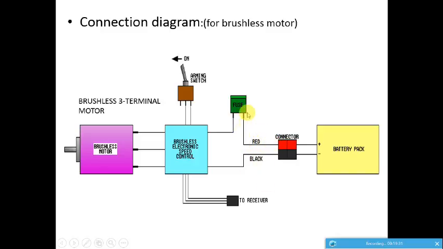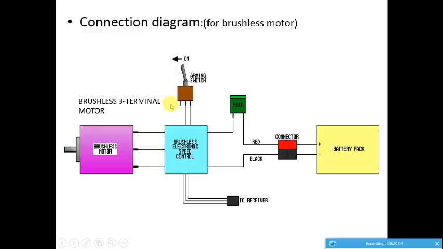This is a fuse which is connected to protect the ESC, but it's not mandatory if you are careful, or else you always need a fuse. We had not used any fuse because we were always cautious about the voltage and current rating of the battery and the corresponding current rating of the ESC. Also, these are arming switches which are of no importance.